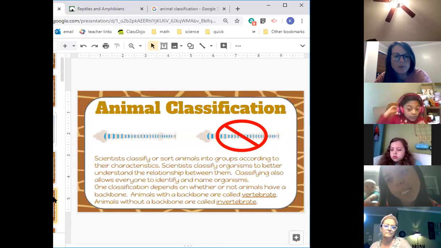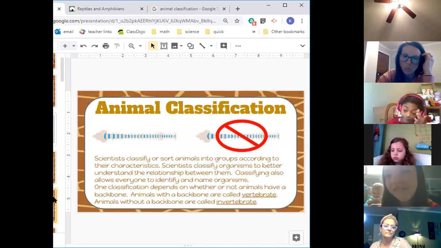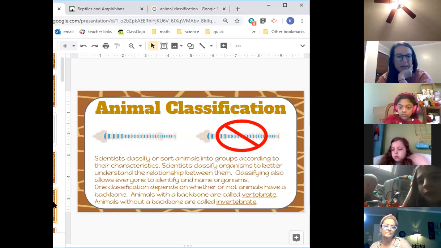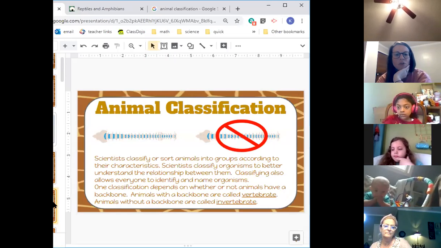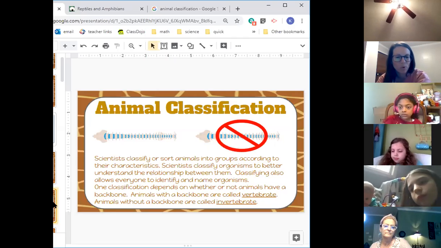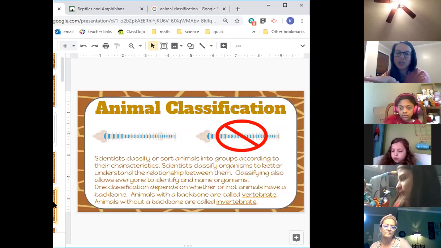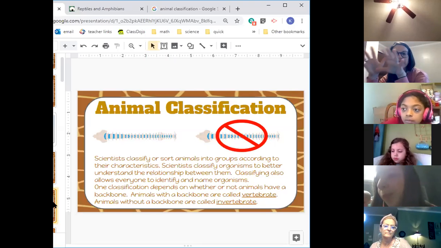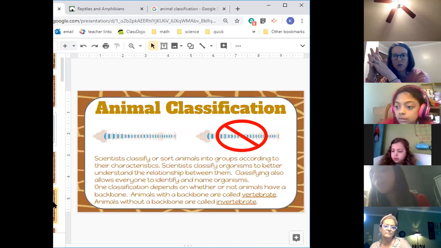Okay, so animal classification. Scientists classify or sort animals into groups according to their characteristics. Scientists classify organisms to better understand the relationship between them. Classifying also allows everyone to identify and name organisms. One classification depends on whether or not an animal has a backbone. This is the big one that we're going to focus on.